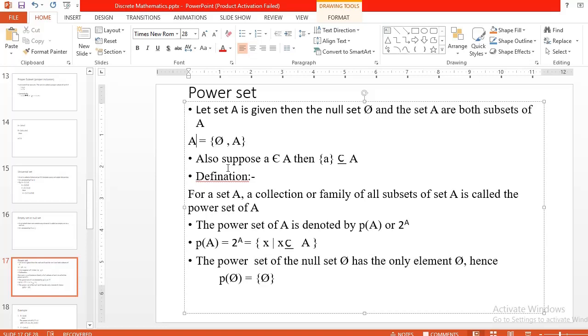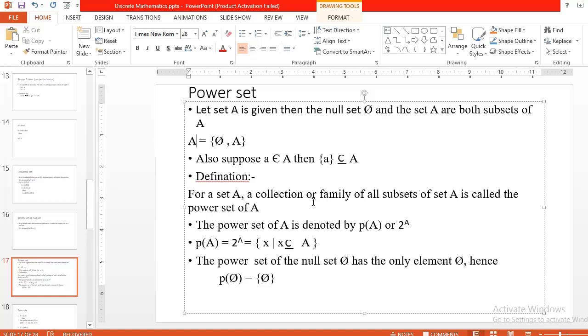So how can we define the power set? By using this example you can define it: a collection or family of all the subsets of set A is called the power set of A. So what is the collection or family of all the subsets of set A?